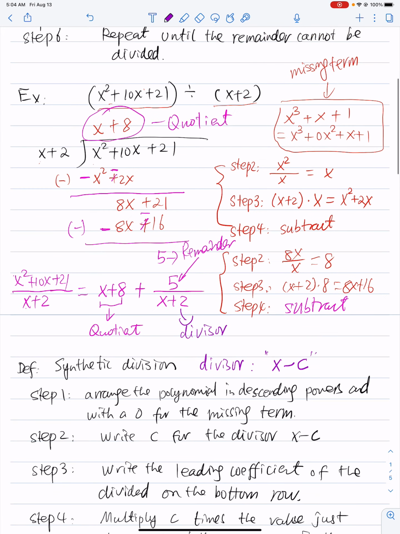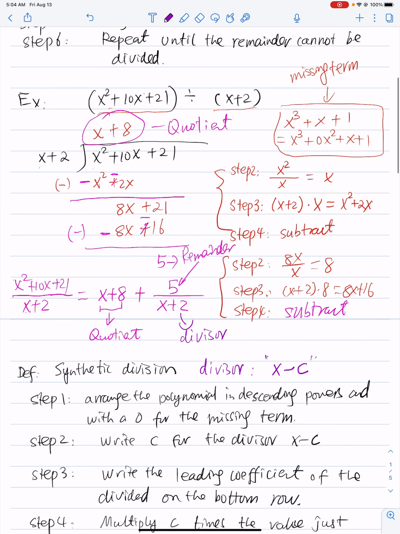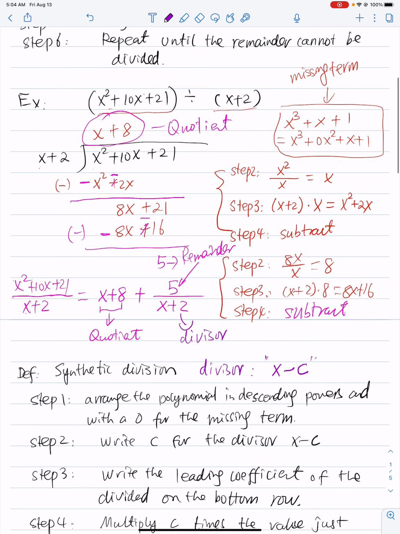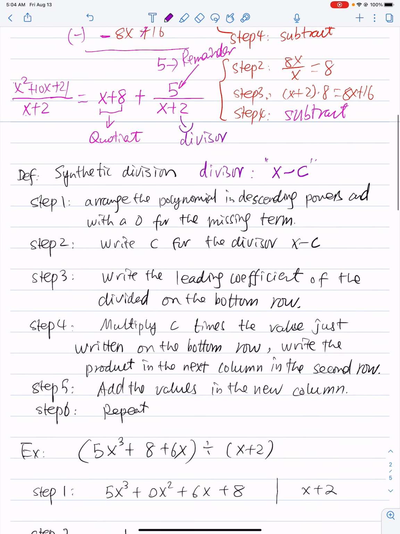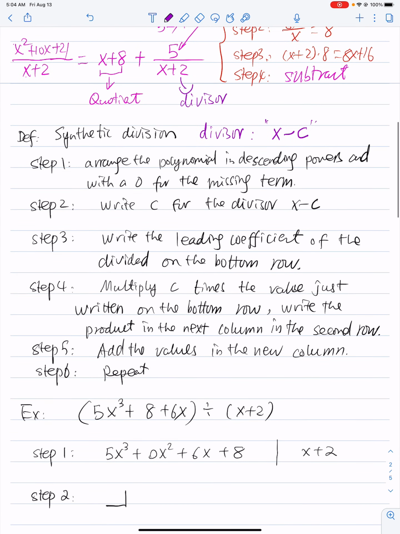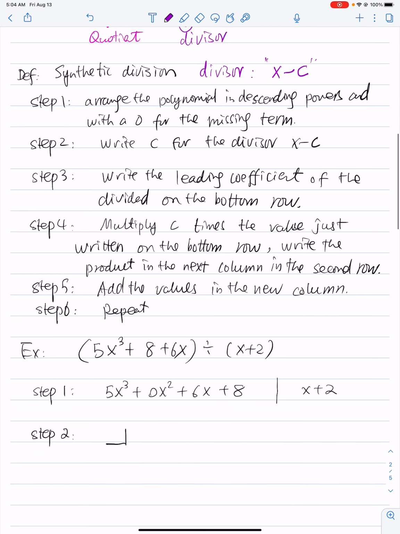But for long division, it is more complicated, but your divisor can be anything. So long division is more powerful than synthetic division. We will follow all these steps.